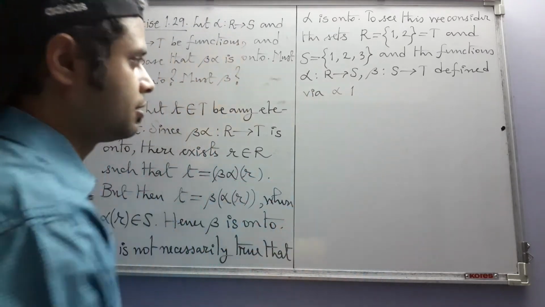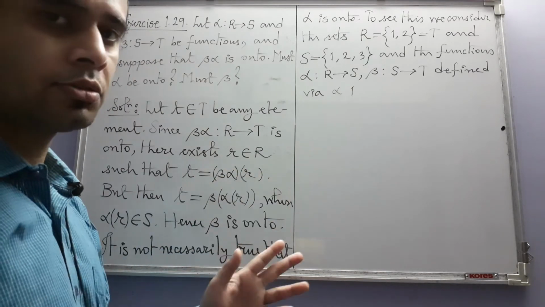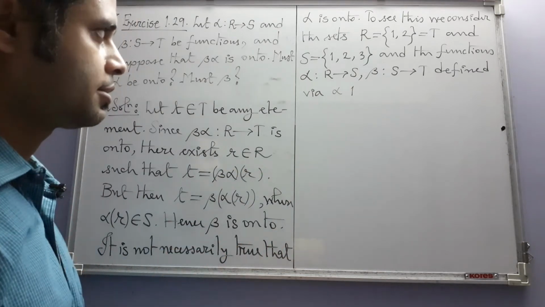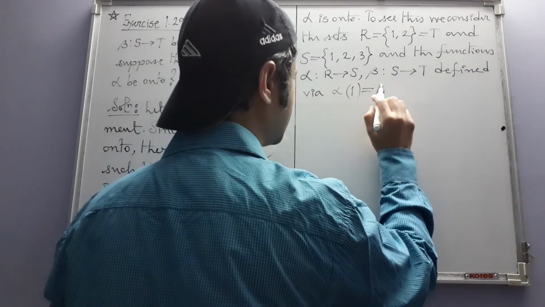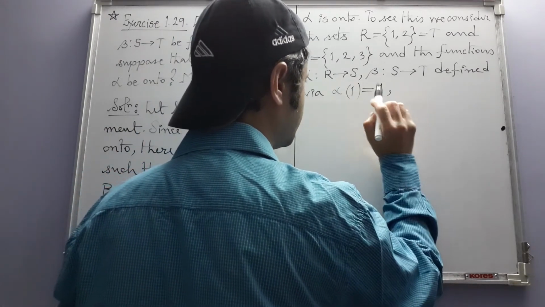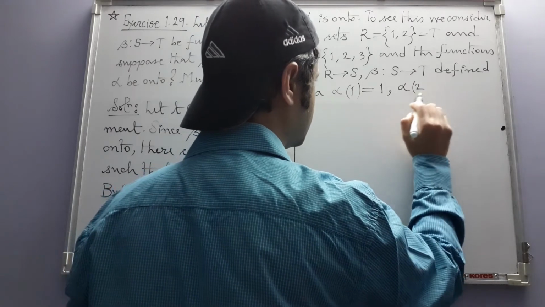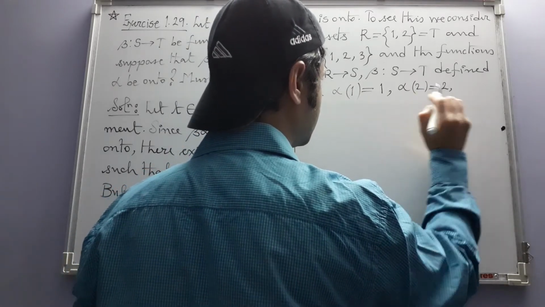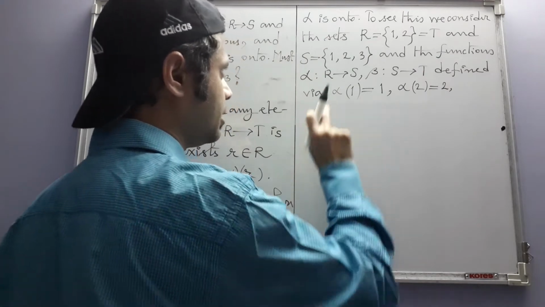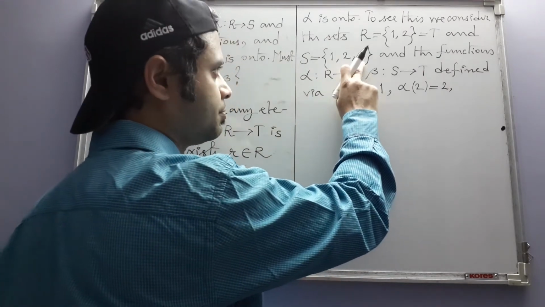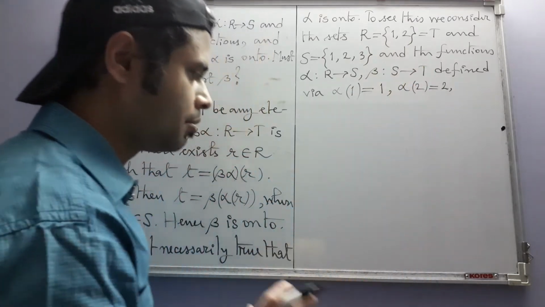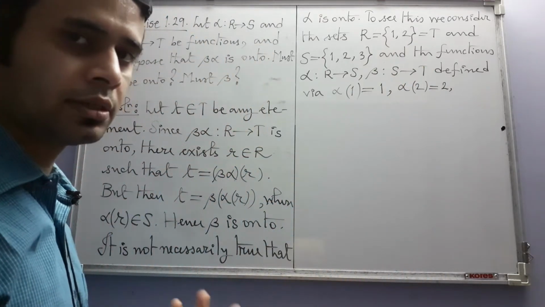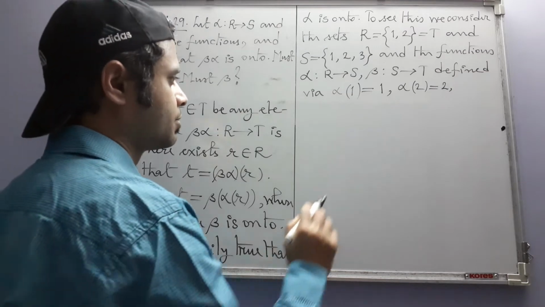So now our set R has two elements, 1 and 2, and S has three elements. So we define alpha like this. Alpha of 1 is defined to be 1, alpha of 2 is defined to be 2. Then for beta, this is the domain and this is the codomain or range. I can't remember exactly what convention is being followed in this book.